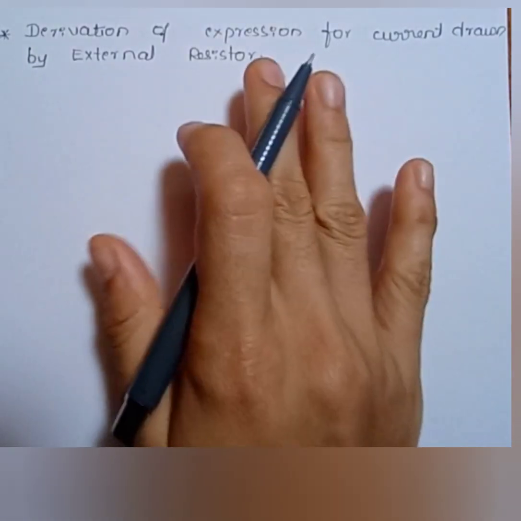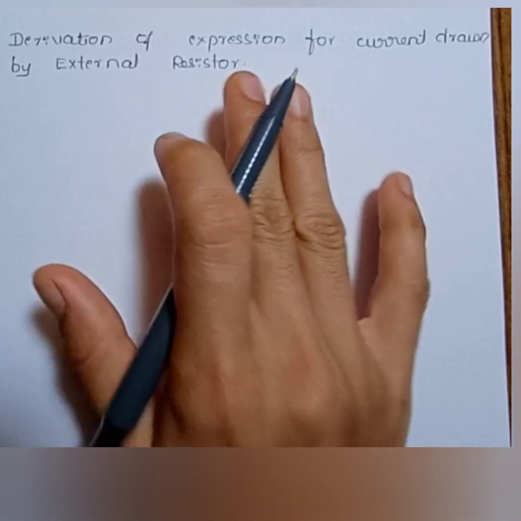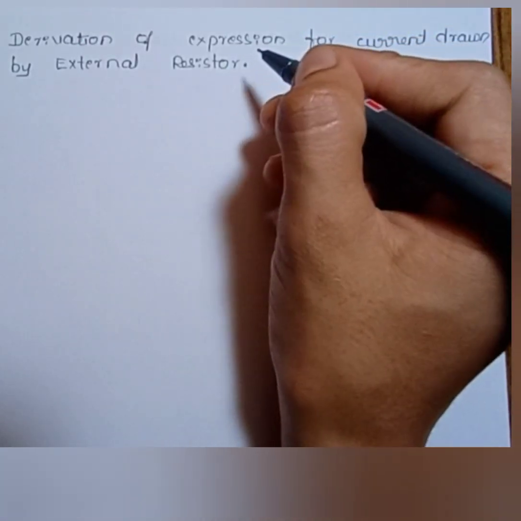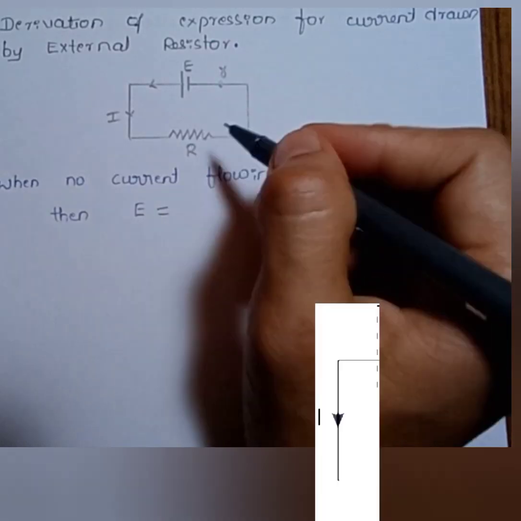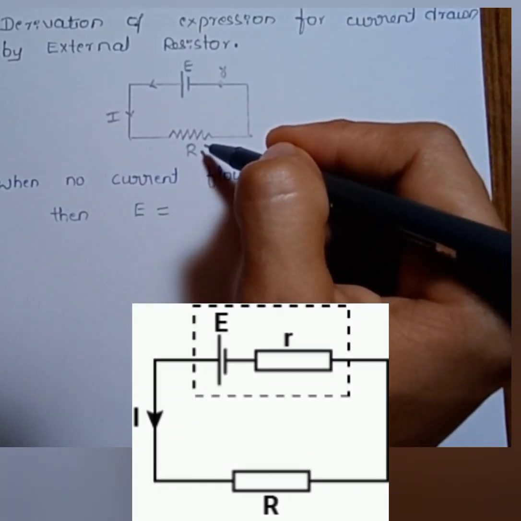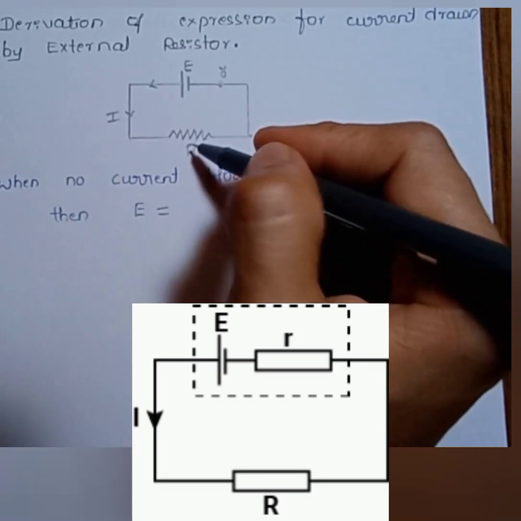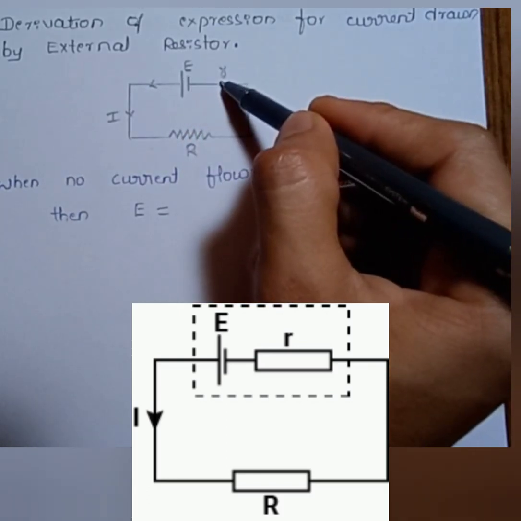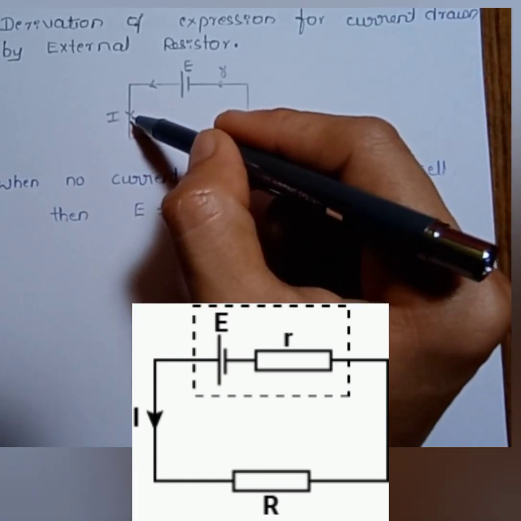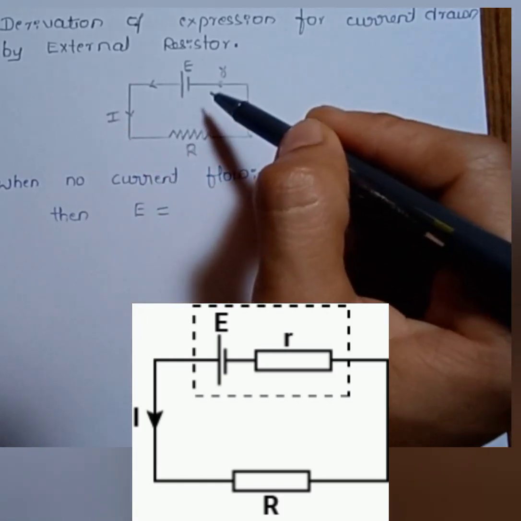Now, let us derive the expression for the current drawn by an external resistor. Consider an external resistor of resistance R connected to the cell, and let small r be the internal resistance of the cell and I be the current flowing through the cell.